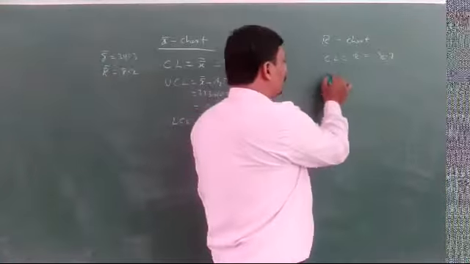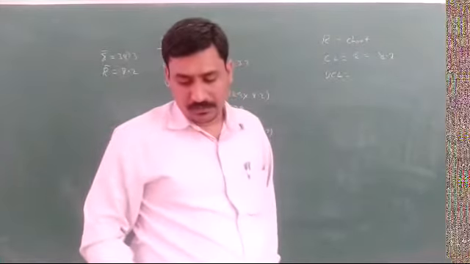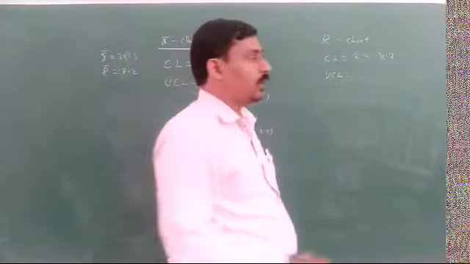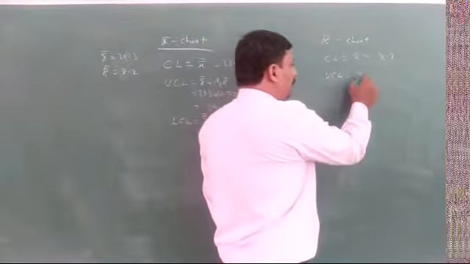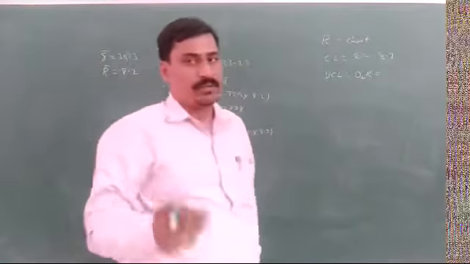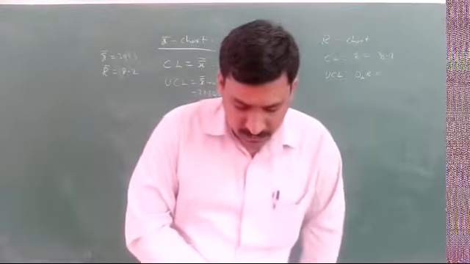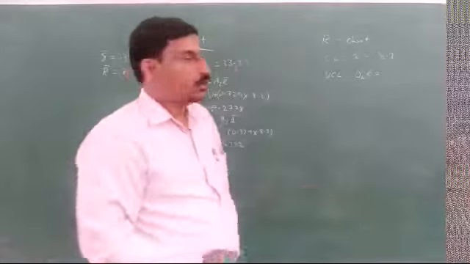Then the upper control limit. The upper control limit is D4 into R bar. Again D4 is a table value. For sample size 4, the D4 value is 2.282.